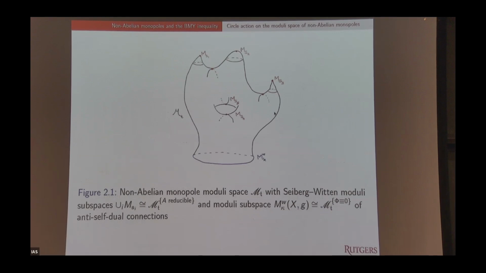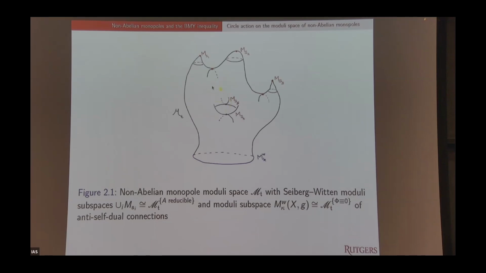All right, so let me give you a picture of the setup of what the moduli space looks like. At the bottom, I've labeled a copy of the moduli space of anti-self-dual connections with number K. And these red dots in the picture represent Seiberg-Witten moduli spaces corresponding to different reductions of the underlying rank 2 bundle E, or different spin-C structures, as they say in Seiberg-Witten theory.